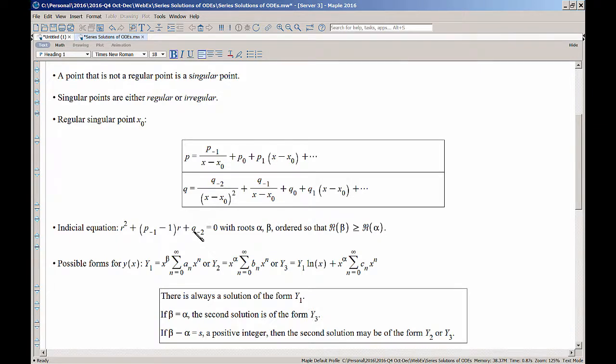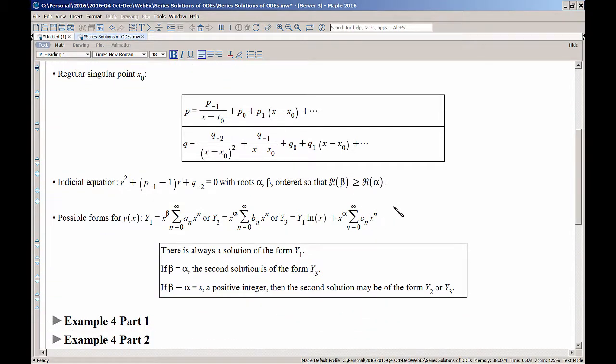And this quadratic equation will have two roots. Call them alpha and beta, but they are ordered so that the real part of beta is greater than or equal to the real part of alpha.